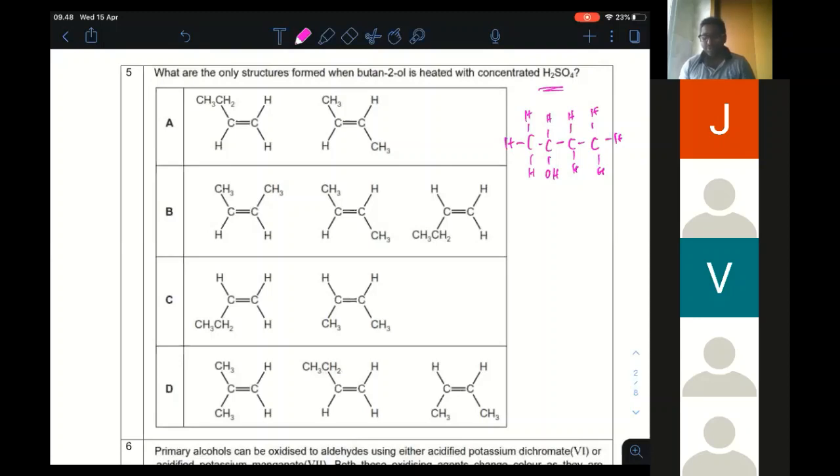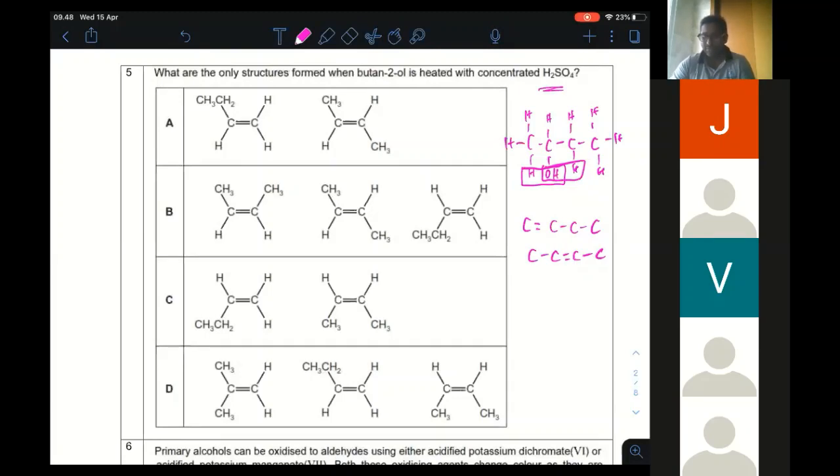If you remove the water, it can be removed either like this, where you are going to get something like this, or the water can be removed in this form, where you can get something like this. The double bond will be there. Now, they say the only structures formed from this compound.